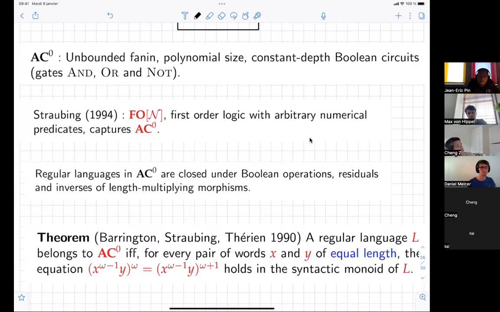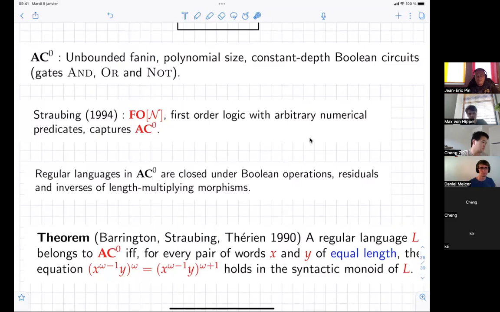AC0 is basically circuits using AND, OR and NOT gates, which are of polynomial size and constant depth, in an unbounded family.